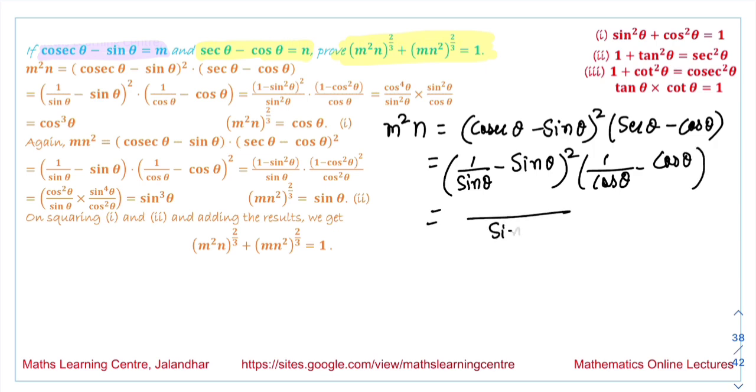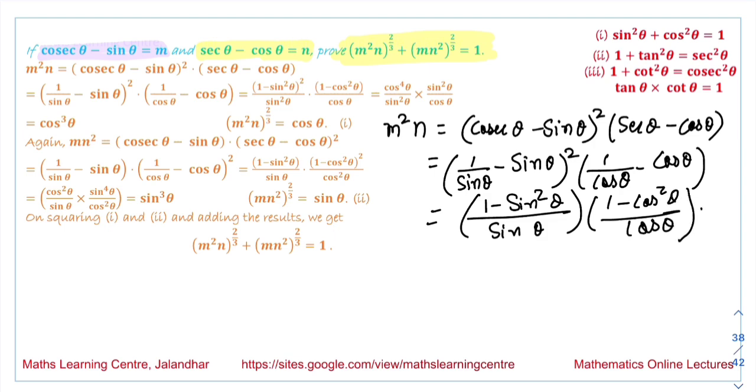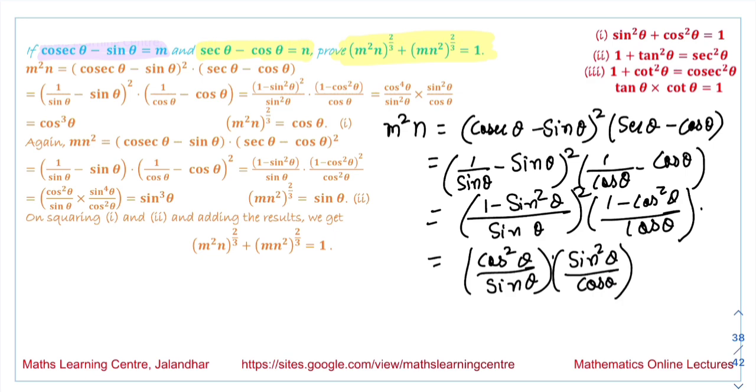When we take LCM over here, we are getting in the denominator sin theta, and in the numerator 1 minus sin square theta, and 1 minus cos square theta over cos theta, and it is whole square over here. So this numerator part will become cos square theta over sin theta, whole square, into sin square theta over cos theta.